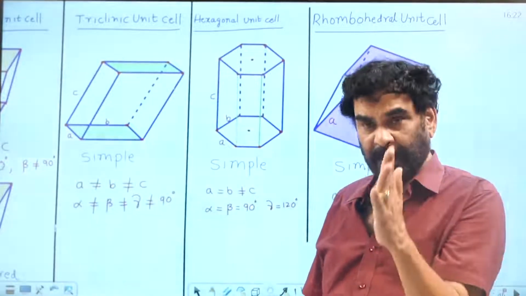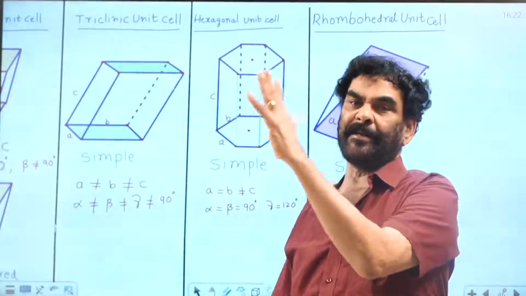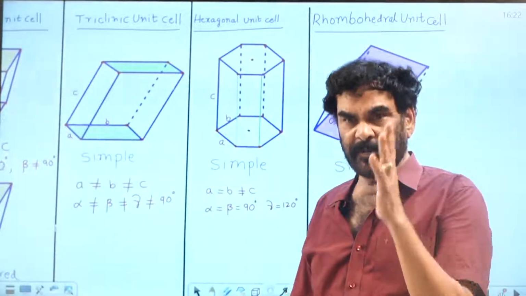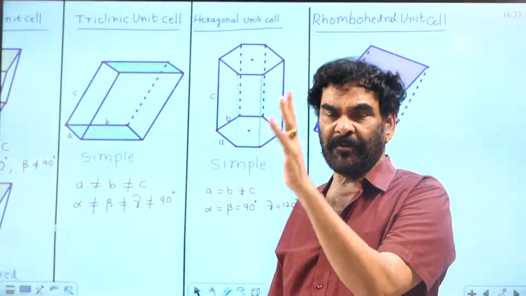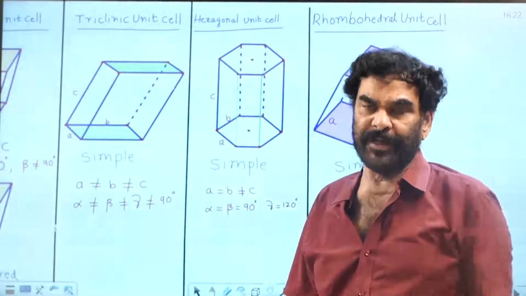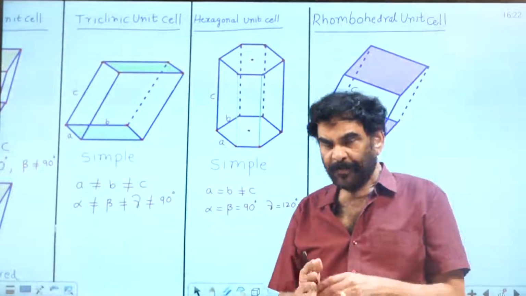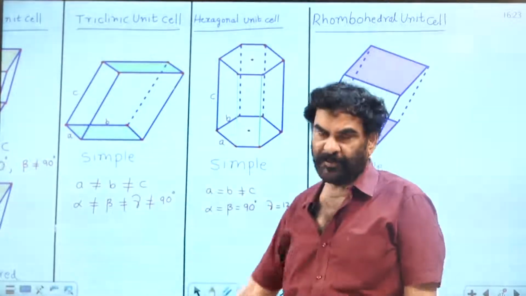Theoretically there must be 28 types of unit cells, and 28 lattice structures should be formed with them.